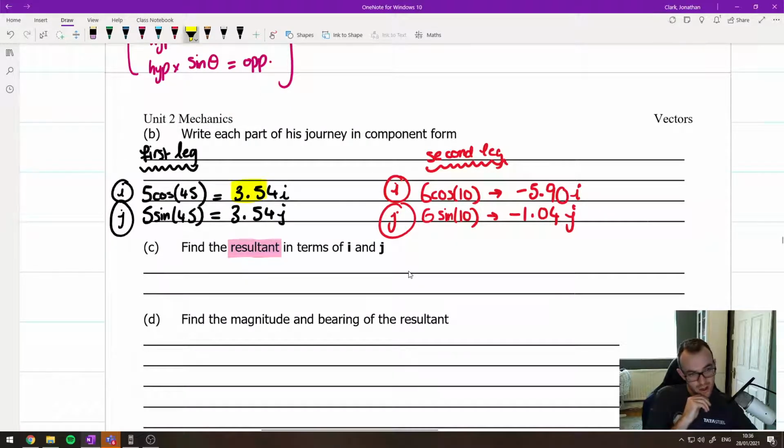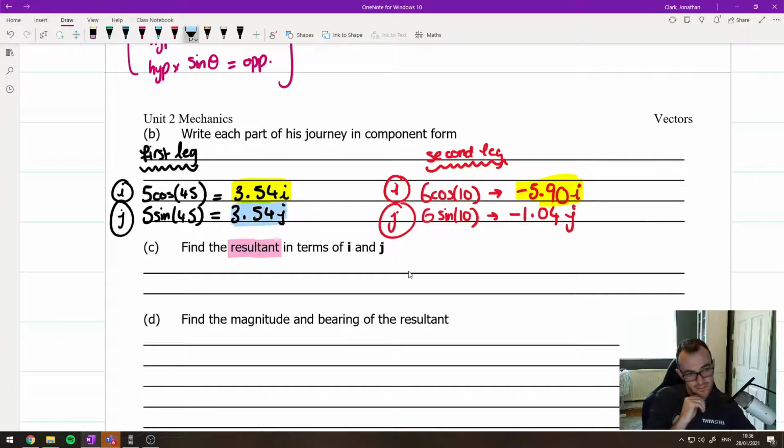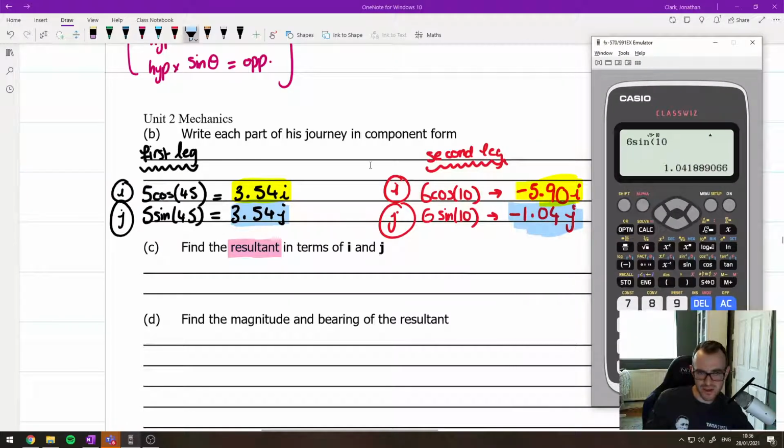So we'll add the I values together and we'll add the J values together. Let's do that. Add in the I values. We're going to have 3.54 minus 5.90, and that is minus 2.36.